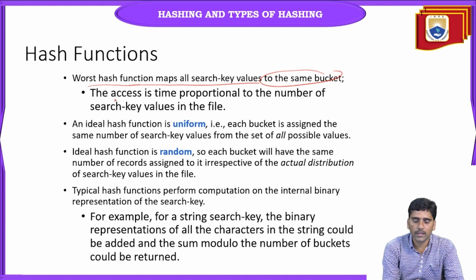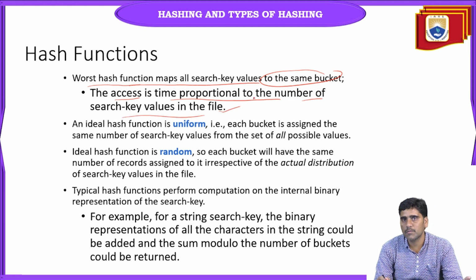The access time is directly proportional to the number of search key values in the file. If more search keys are there, then the access time also takes a lot of time.